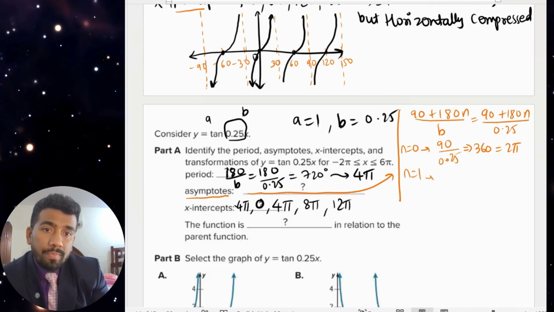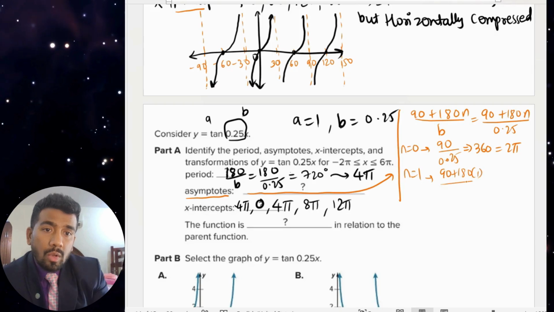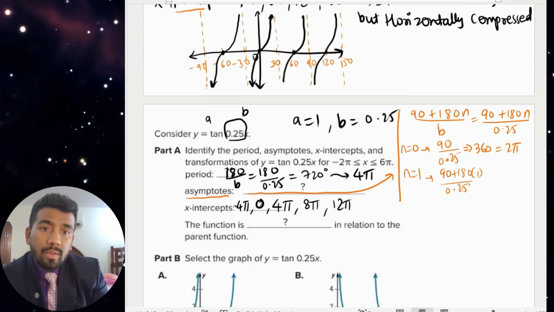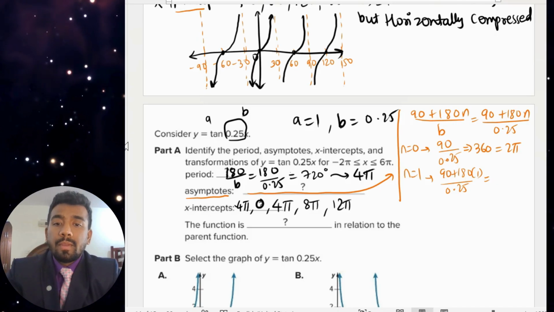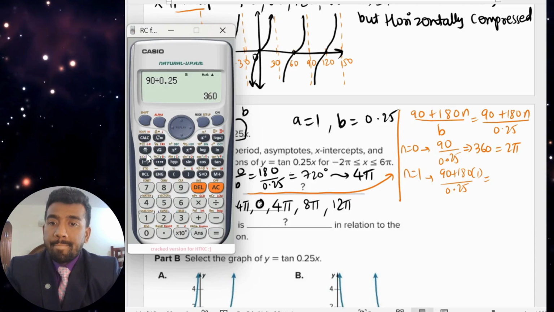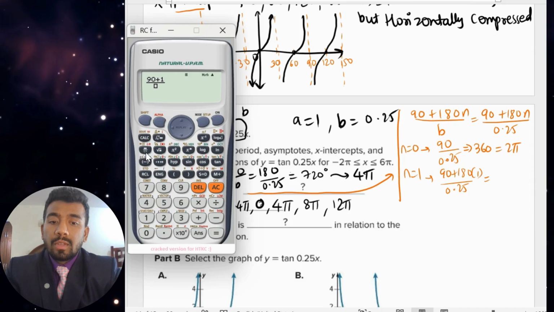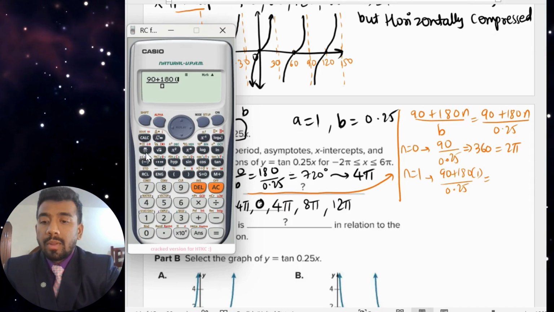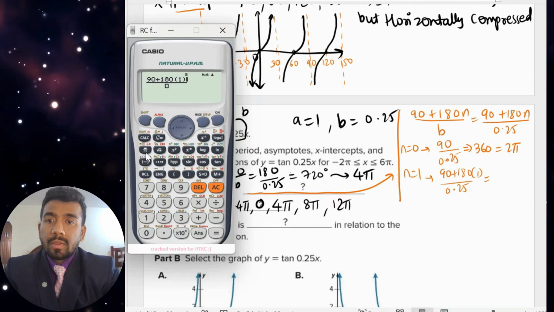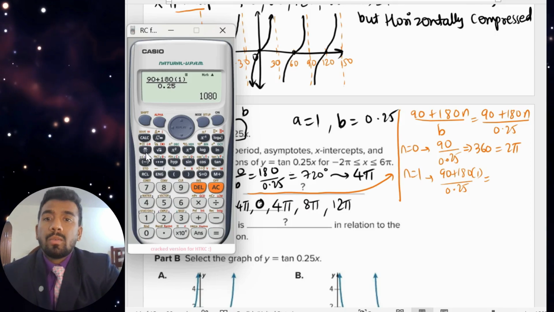For n equals 1, it will be 90 plus 180 times 1 over 0.25. What do you get? 1080.